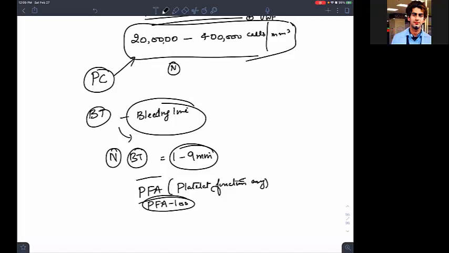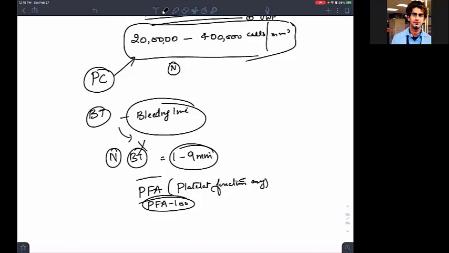We are no more using bleeding time, because it is time intensive, so we are using this platelet function assay. What we do is expose the blood to ADP or epinephrine, and we let the platelet plug form.